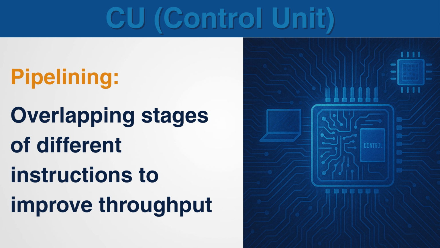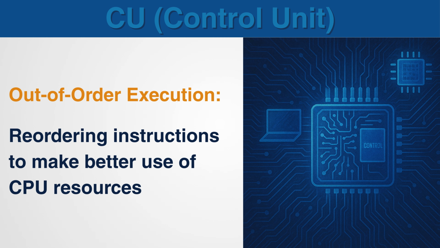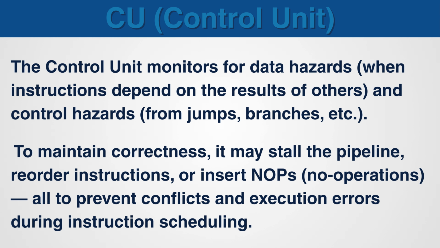So those key scheduling concepts: pipelining is for overlapping stages of different instructions to improve throughput. Out-of-order execution is for reordering instructions to make better use of CPU resources. And hazard detection, the CU identifies data or control hazards and may stall or reorder execution to avoid errors.